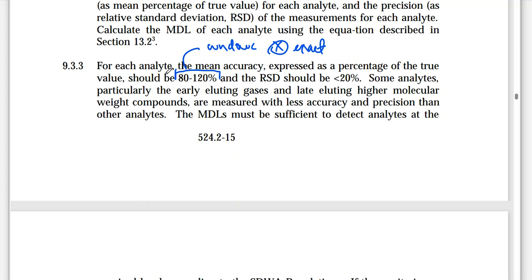We know there's error. We know there's contamination. We know there's problems throughout the time, and that's never an issue. Quality control knows it. Methods know it. Regulatory agencies know it. That's not a big deal. However, we need to make sure that we fit within an ideal working range. And that ideal working range in this particular case is 80 to 120%.